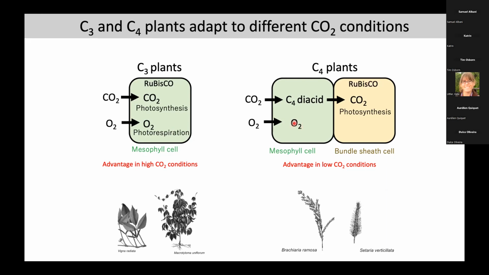Oxygen is not transferred to the bundle sheath cell. So even in low CO2 conditions, C4 plants can continue to photosynthesize. This is the hypothesis of why C3 plants have an advantage in high CO2 conditions, and C4 plants have an advantage in low CO2 conditions.